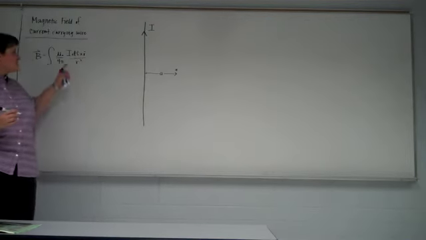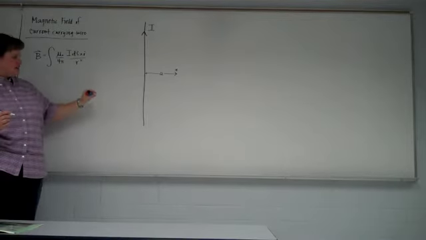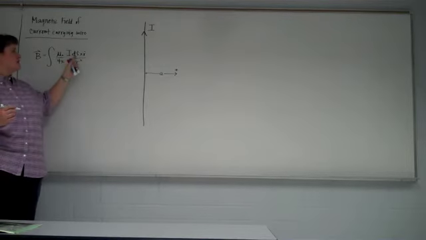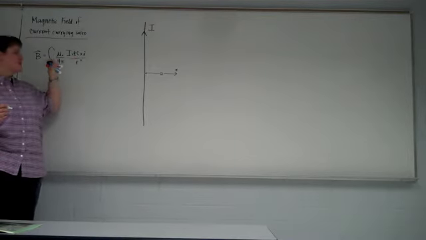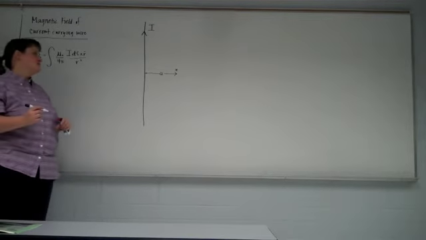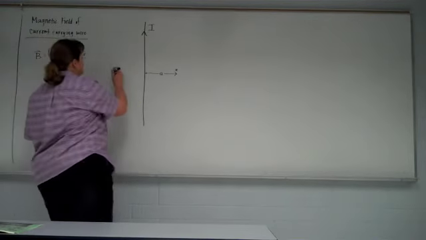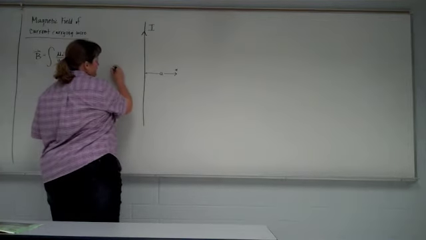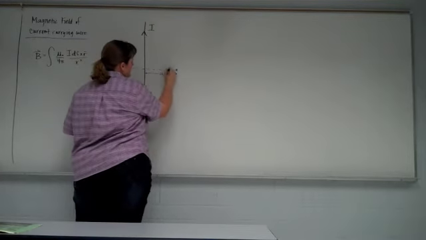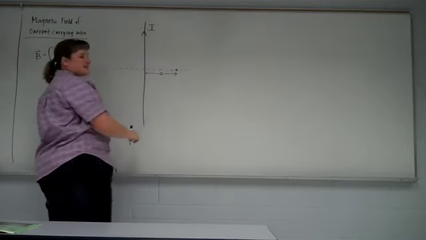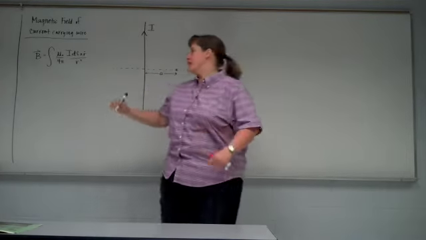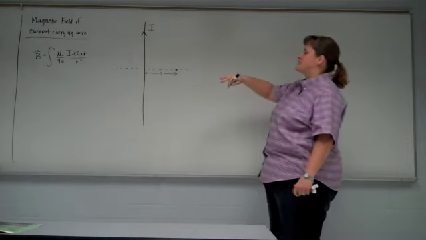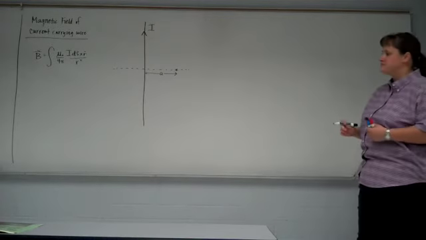So what we need to do is we need to look at little segments of this wire, little ds's, infinitesimally small pieces, and figure out their contribution to the magnetic field at that point. So I'm going to put it in a coordinate system where the wire is the y-axis, and then I'm going to put the x-axis so it goes through that point we're interested in.